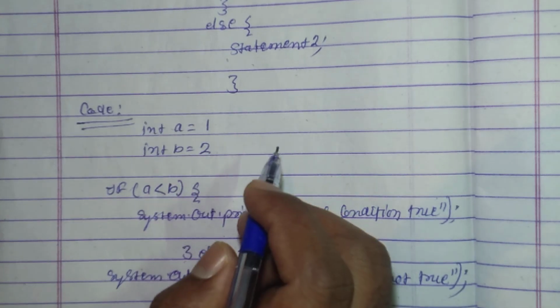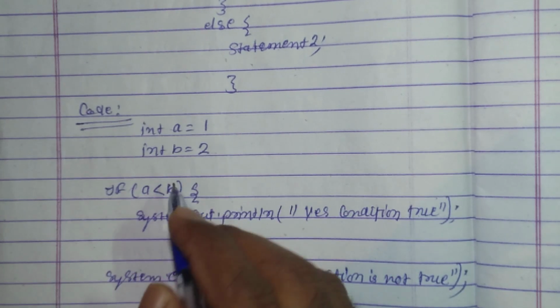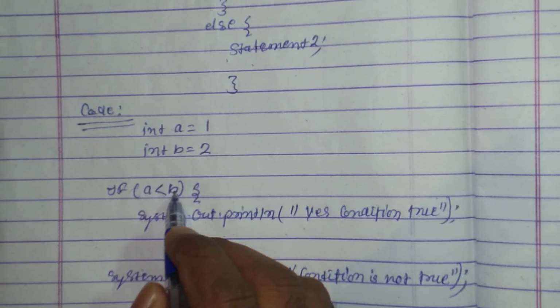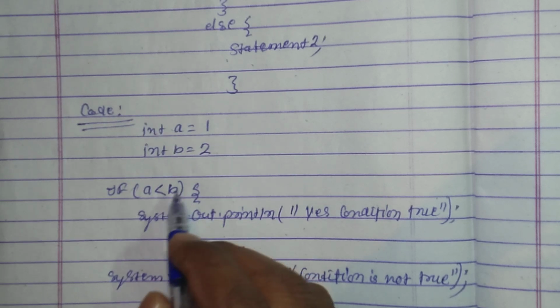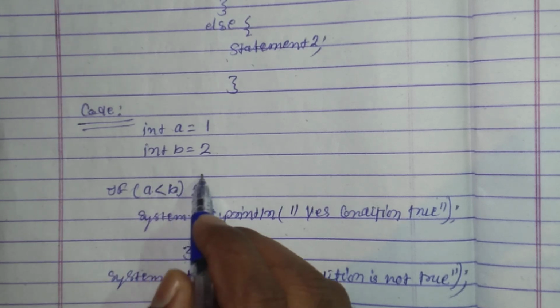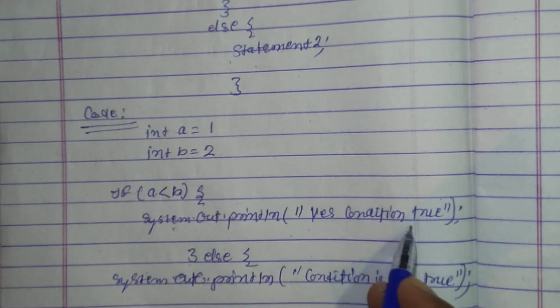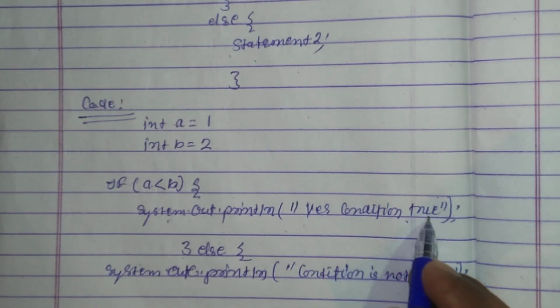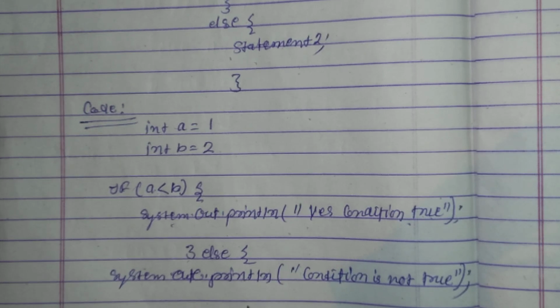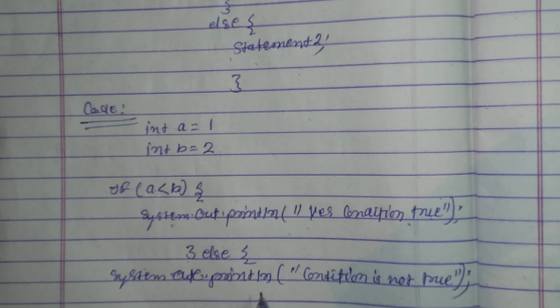So let's apply a condition: if a is less than b. If this condition is true, then this message will print, meaning the condition is true. If it is not, then the else part will execute.